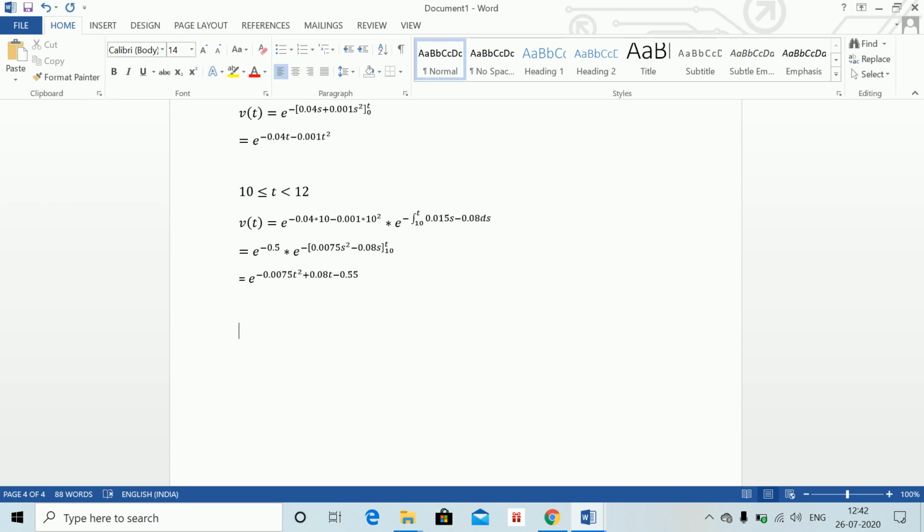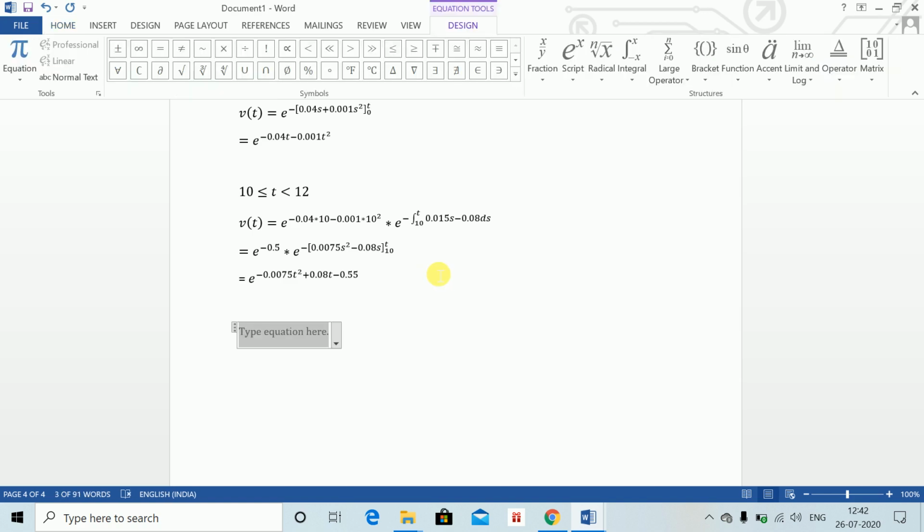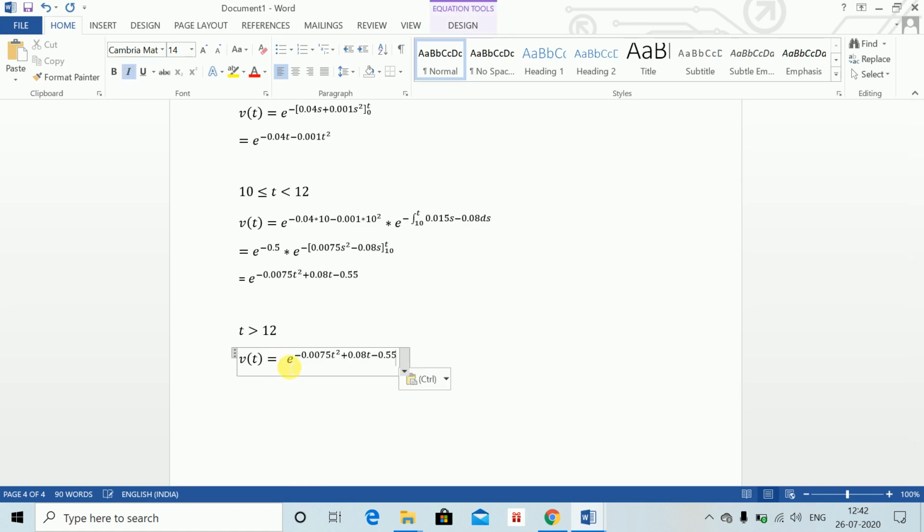And for the third part, when t is greater than 12, we take v(t) and put t equals 12 in the original equation, copying it so that I don't have to write it again, and put the values in: 12 square, into 12, minus 0.05.